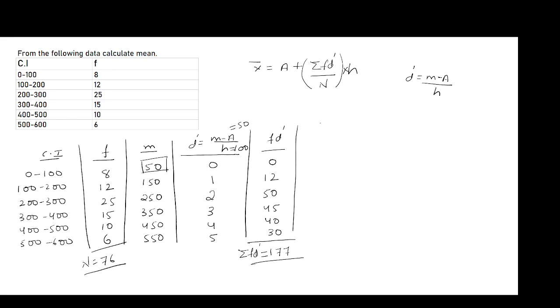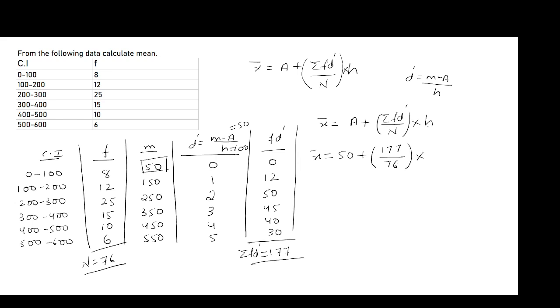Now apply the formula. X bar is equal to, once again I am writing the formula, capital A plus summation f into d dash divided by n, into h. Here I have taken the assumed mean as 50, so A is equal to 50, plus summation f d dash, which I just calculated as 177, divided by capital N, the total of frequency, which is 76, into h.